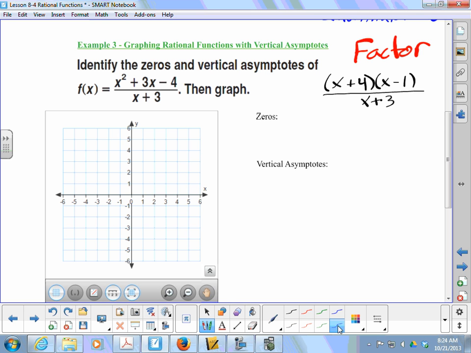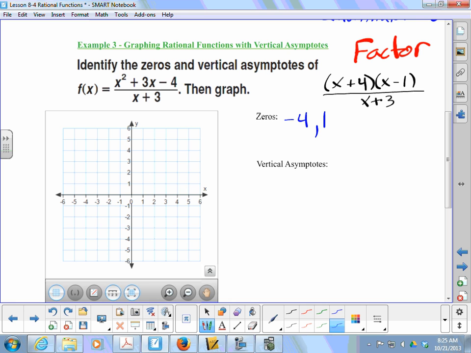Right. Okay. -4 and 1 are our zeros. And I'm just going to put the numbers -4 and 1. Not going to say x equals, because when I start saying x equals, I'm talking about vertical asymptotes. Right? We're talking about lines. Right? So we're just going to put the numbers -4 and 1. Okay? Vertical asymptotes then.